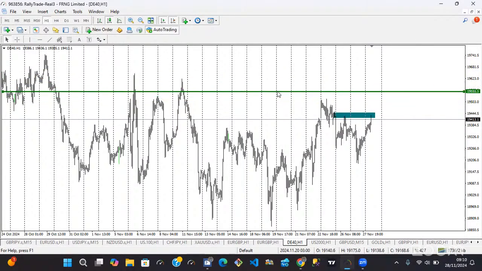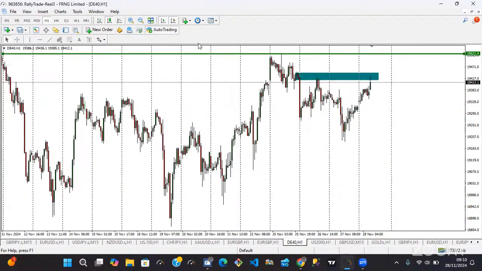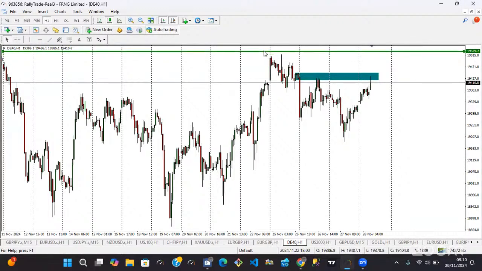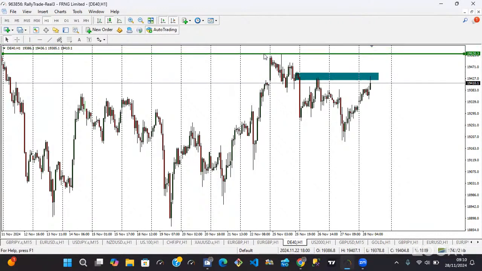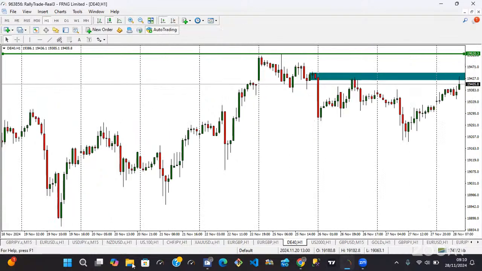So you can decide to wait for price to come all the way up to this level, and if it goes above here, then you exit the market. Well, I think it's respecting it. Anyone who has entered already should be in profit by now. That's it. I think we're done for today.